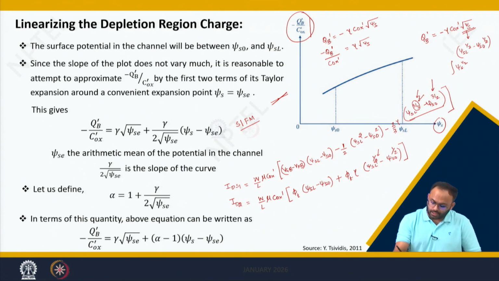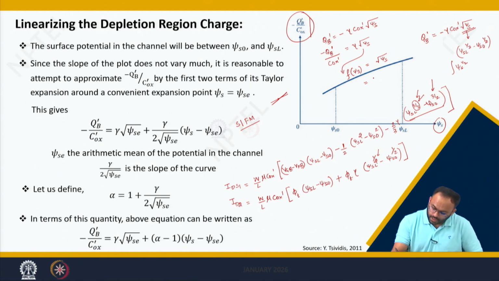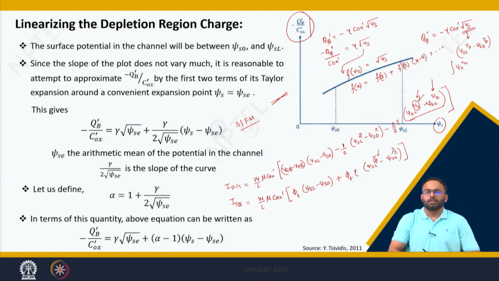If I consider a function which is a function of psi s as root psi s, and if I linearize the function around an expansion point using Taylor series method, then I will get, so expansion of let us say f of x around a can be given as f a plus f dash a into x minus a plus higher order terms. So, we can ignore higher order terms.